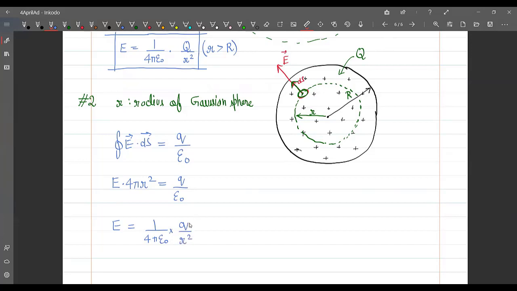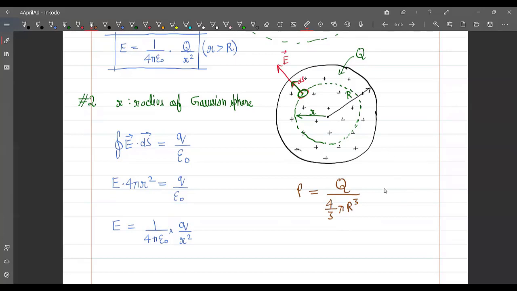But we want to find it in terms of capital Q. So what we know here is that rho remains constant. The value of rho remains constant. What is rho? Charge per unit volume: Q divided by 4 by 3 pi capital R cube.